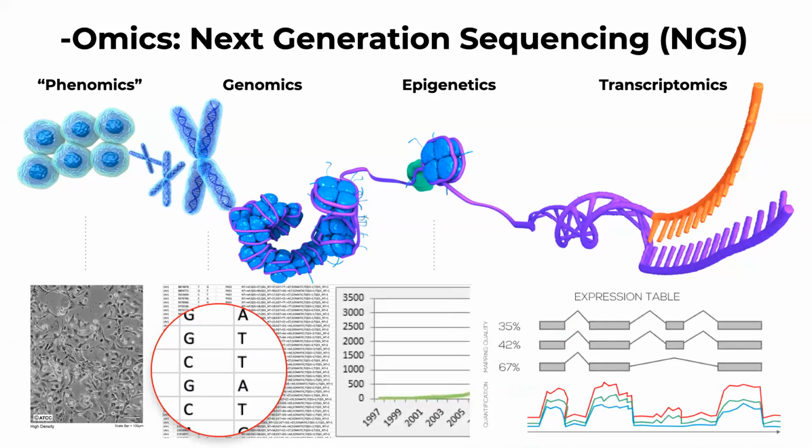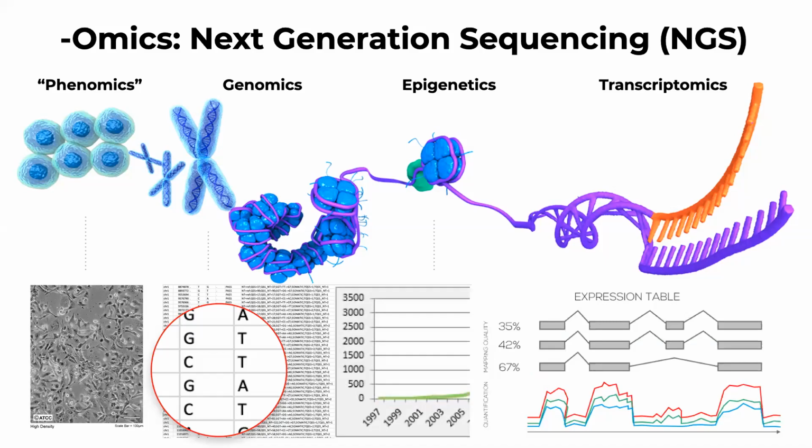As you can see, all of this is related to human omics data, right? So what is happening in the human cell, in the human DNA, the human epigenomic variation, and also expression of human genes. So how does that relate to viruses?